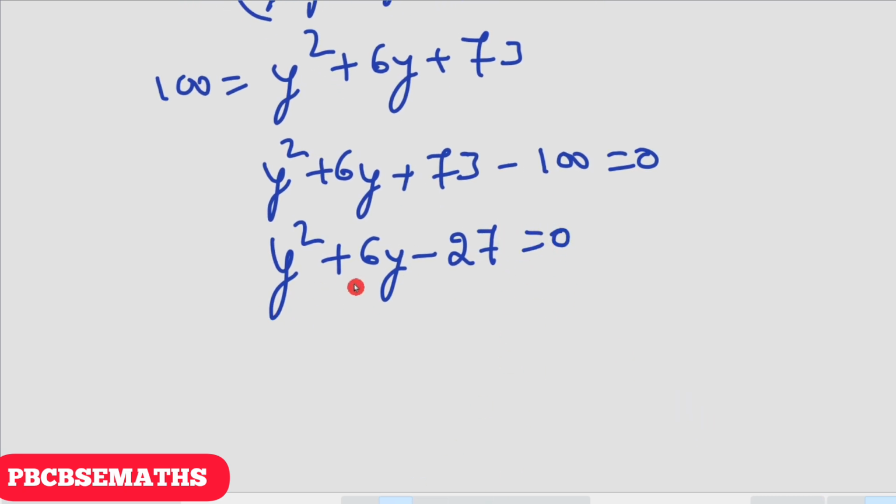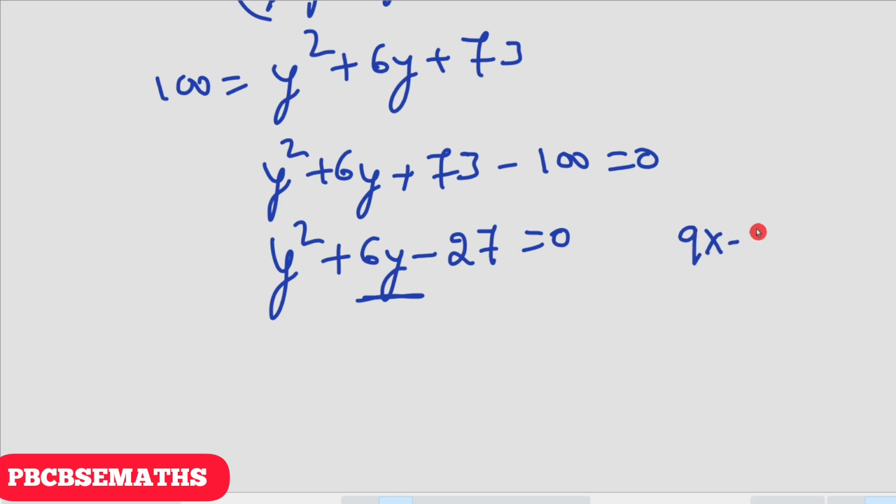Let's simplify it for y. Now we have to split this middle term in such a way that product of any two terms should give us negative 27, and addition or subtraction of those two same terms should give us this plus 6. So the two numbers are 9 and minus 3.